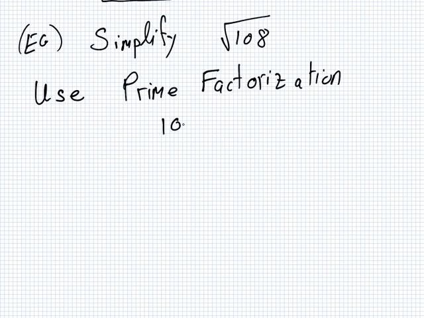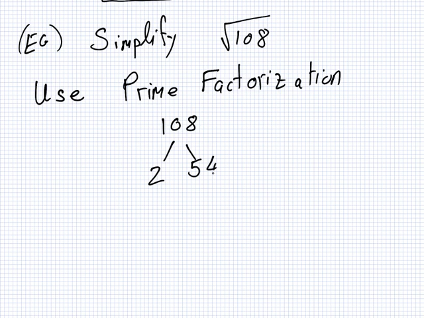So what you do is you think of any two numbers that multiply to make 108, except of course 1 and 108. So we could go with 2 and 54, a simple example.